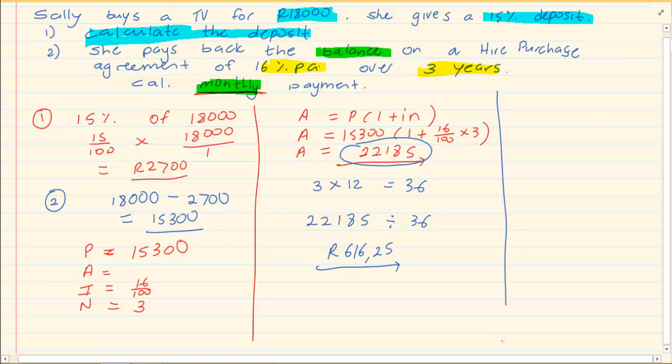Now these questions don't always stop there. They like to add to it. Like, let's say she has to pay a monthly insurance of 23 Rand 75 cents. How much is her monthly payment now?